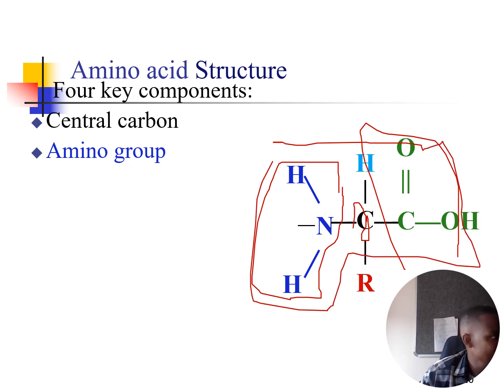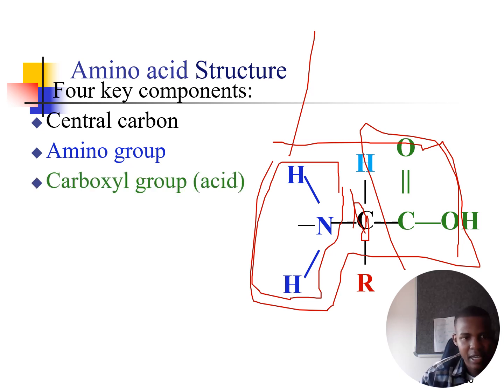For you to tell me that this macromolecule is a protein, you need to be able to identify the amino group, the central carbon, the carboxylic acid, and also the H atom. This is a hydrocarbon chain. Sometimes it can have rings, but it is an R group or a side chain of a protein.